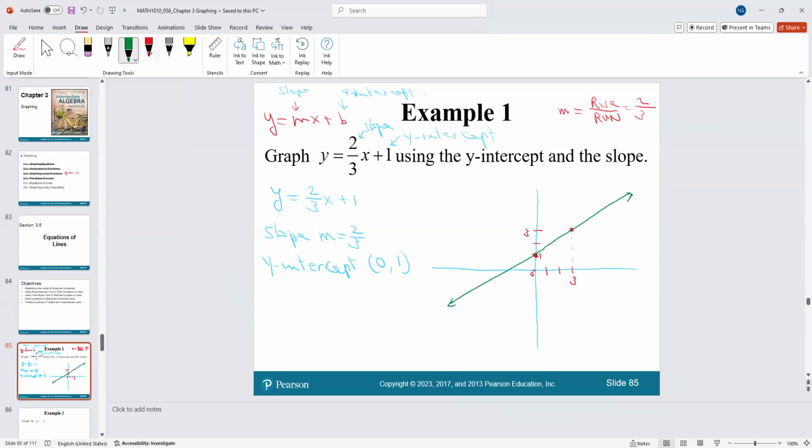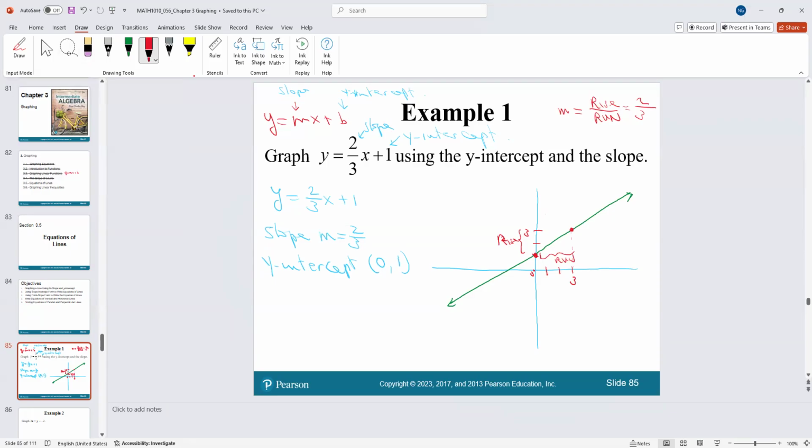As you could see, we rise 2 units, that's the rise, and we run 3 units. I'm going to put the run down there just to not confuse you too much. So that's what we do.